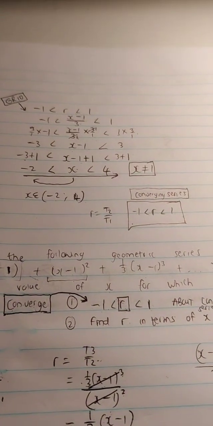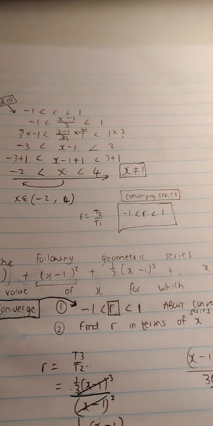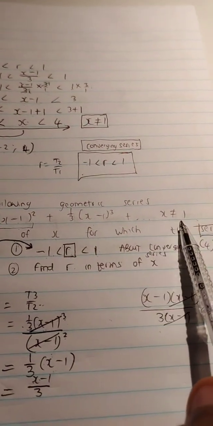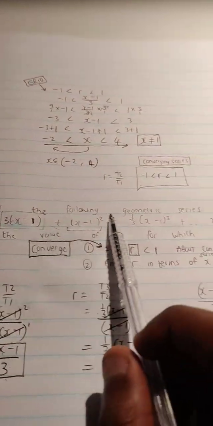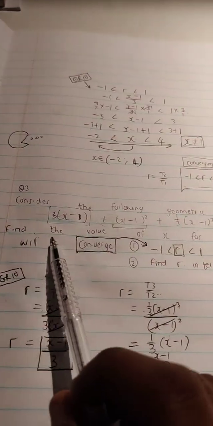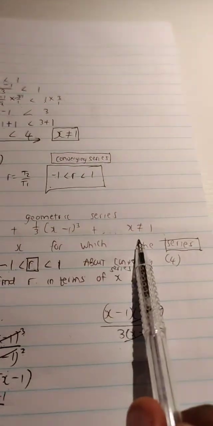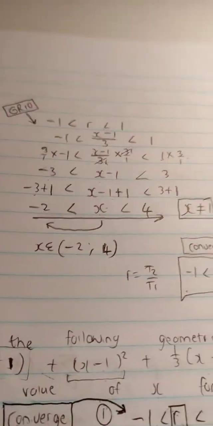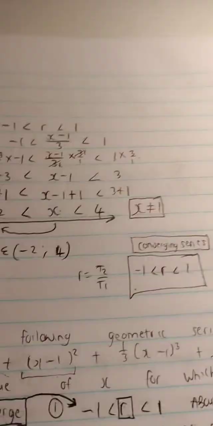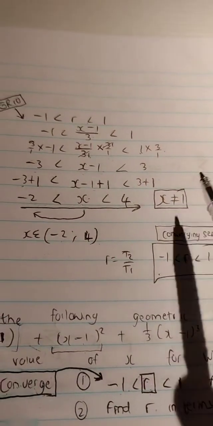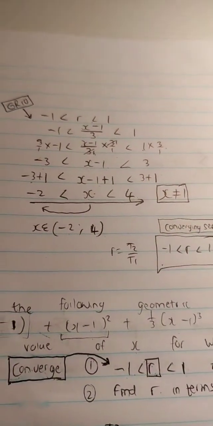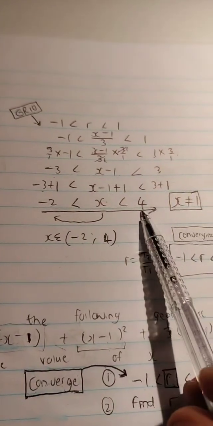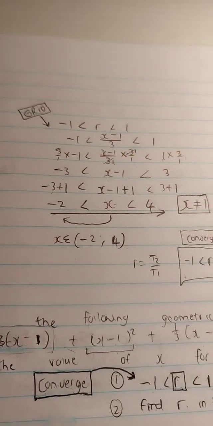Okay, I hope it makes sense, guys. So that's why I say x cannot be 1. It's because it was in the statement when I was reading through my question, and I saw, oh, okay, then since my answer here for x is between -2 and 4, let me make sure that that restriction is also stated so that it's not something that I take into consideration and include.